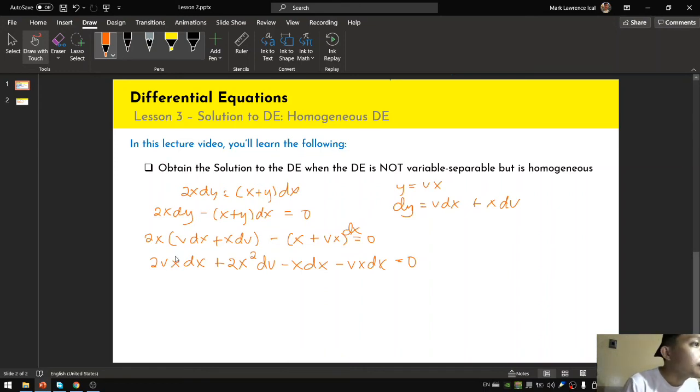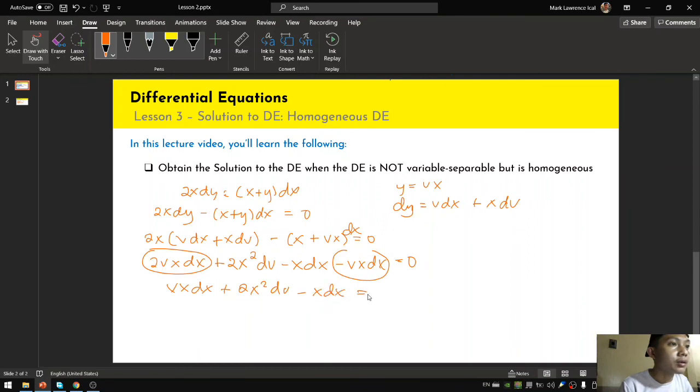Okay. So may mawawala dapat, no? So walang nawala dito. So mangyari lang magiging vx dx. So ito yun, no? Okay? So ito plus 2x squared dv minus x dx equals to 0.